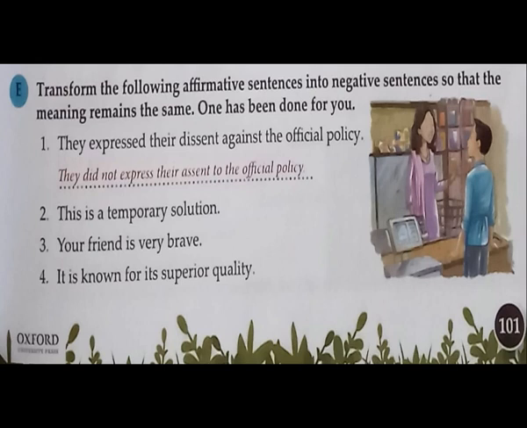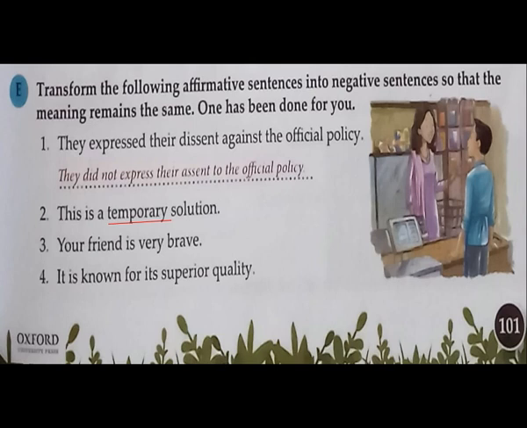In sentence number 2, we have, this is a temporary solution. So here first of all we have to find the word which we are going to change. The adjective in a sentence is the keyword which is going to be changed to its opposite. Here we have the adjective temporary. The opposite of temporary is permanent.